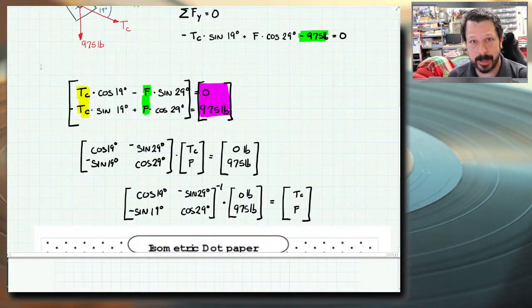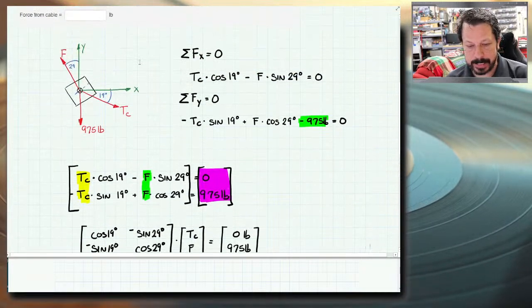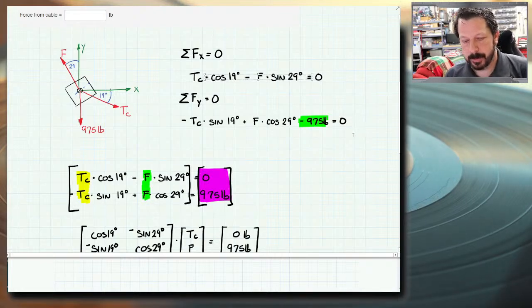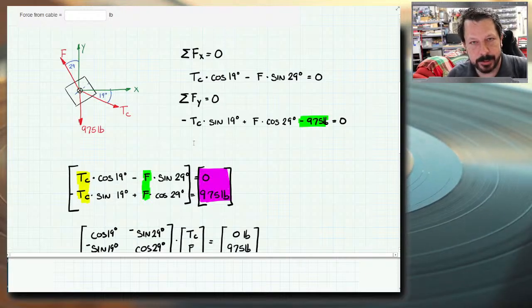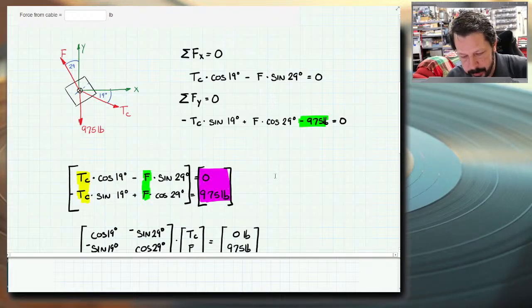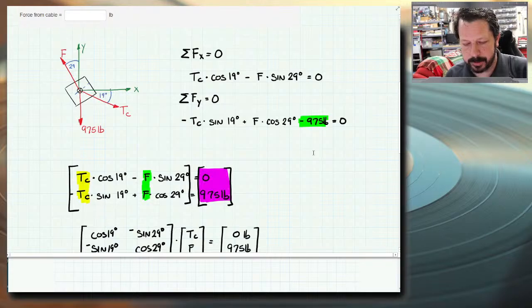A lot of them have their own simultaneous equation editors, which basically take these equations and follow the same rules. So in most of these simultaneous equation editors on calculators, you usually still have to have your variables lined up, all of the TC variables in the first column, all the F variables in the second column, all the Y variables or whatever they might be in the third column.